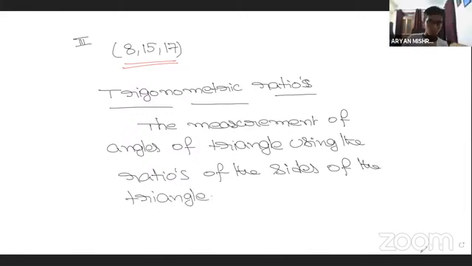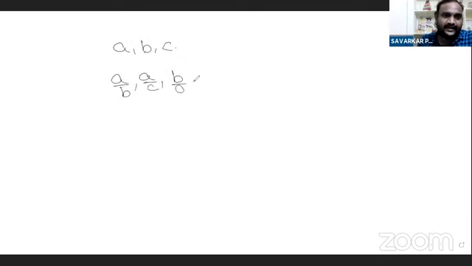Two values. So how many ratios can you make? You have 3 choices, and you can make 2 among them. If the three sides are A, B, C, I can write A by B, A by C, B by A, B by C, C by A, and C by B. How many ratios are there?